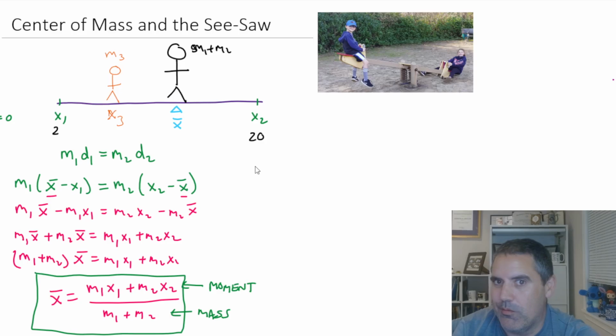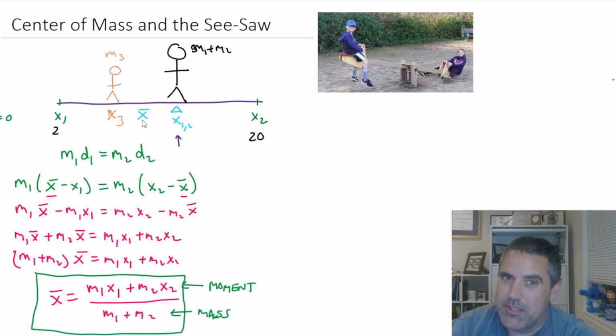You can do the same thing. Let's pretend this is my new x, whatever we want to call it. What would be a good notation? x12. And then we're going to find a new x bar right here.